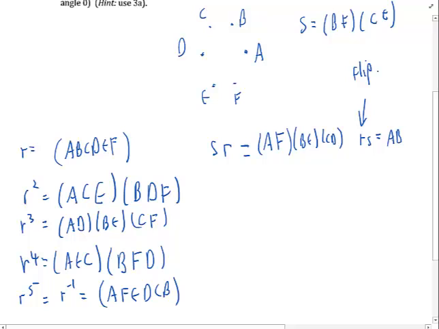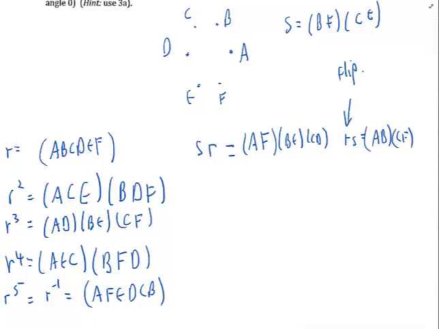So this is a flip that flips A and B. So if that flips A and B, then the next one must flip C and F, and then the next one must flip D and E.